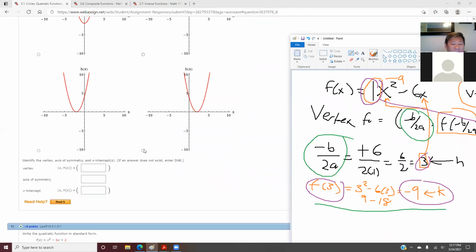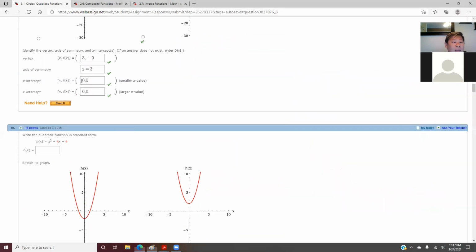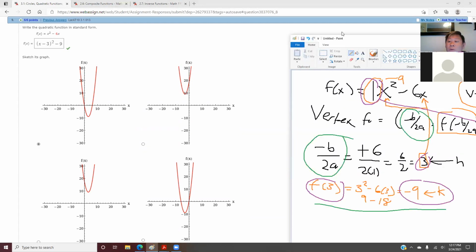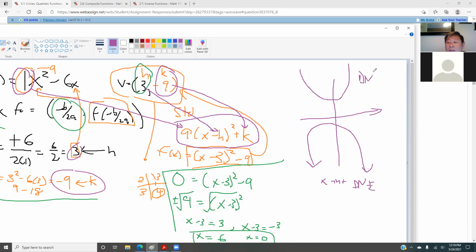So if it does not cross, you just put DNE, capital D and E. This is what happens when your graph is above or below the x-axis. It never crosses. So if your graph is below the x-axis, your x-intercept will be DNE also. Same thing if you go on top here, it is DNE, because it will not cross.